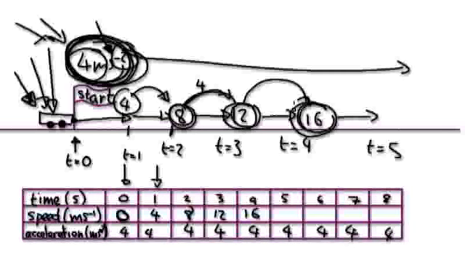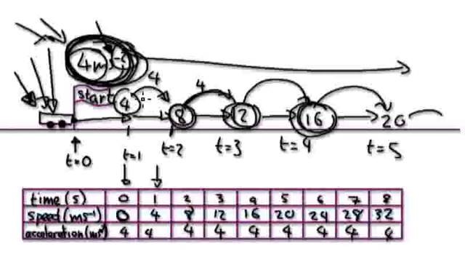Because there's an acceleration of 4, the speed will now be 20. And then a second after that, it's going to be 24. A second after that would be 28, and a second after that would be 32. So notice that the speed increases by 4 each time.